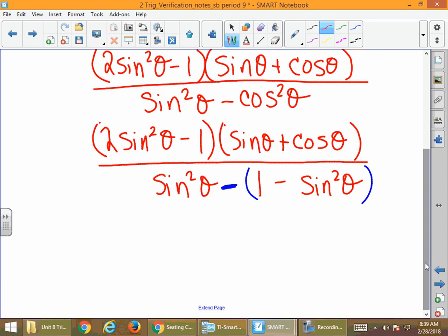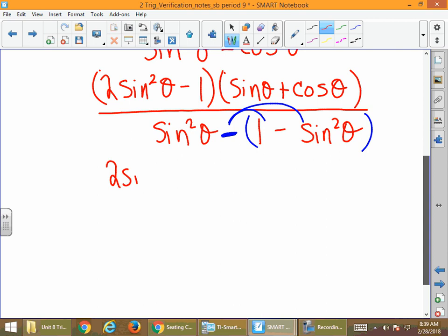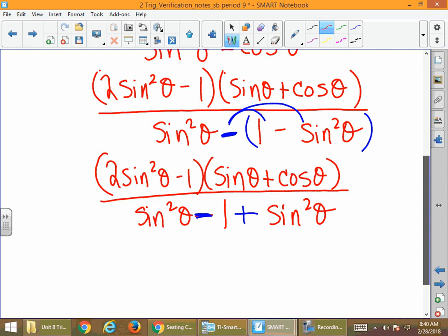And now, when we distribute this negative, we need to be really careful with that. Distributing the negative. Still haven't done anything to our numerator. Still, 2 sine squared theta minus 1 times sine of theta plus cosine of theta divided by sine squared theta minus 1, and negative times negative is positive sine squared theta.